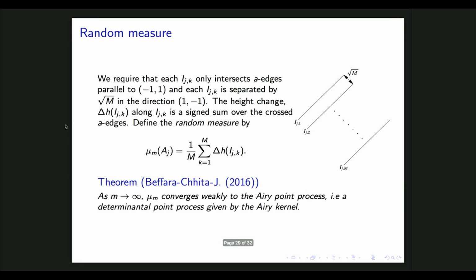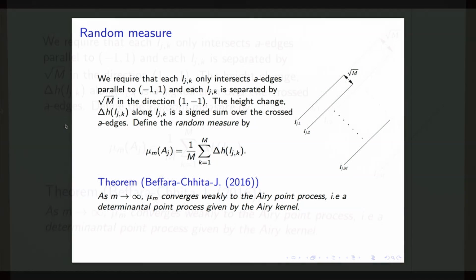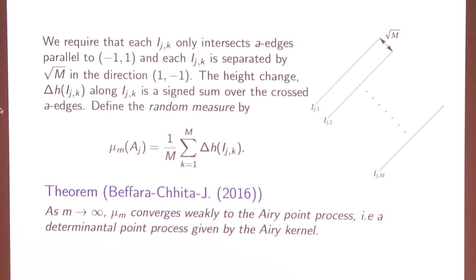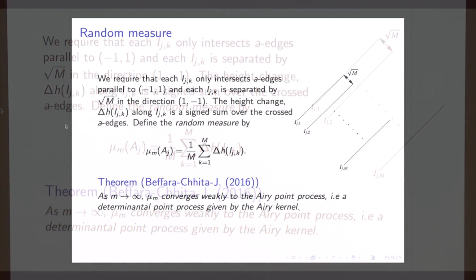And the result that we got this year is that this is actually true. This does converge weakly to the Airy point process, which means that I have a determinantal process given by this Airy kernel. I can do this in different places also and get this extended Airy kernel.